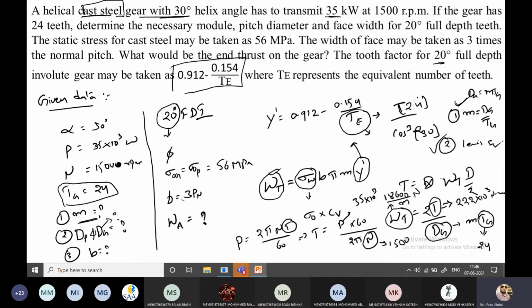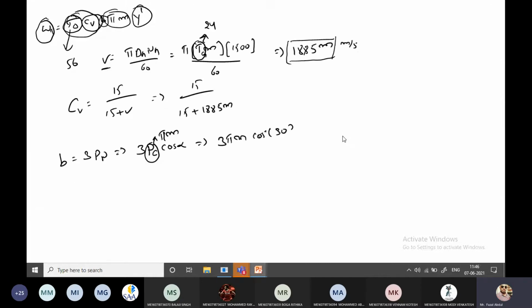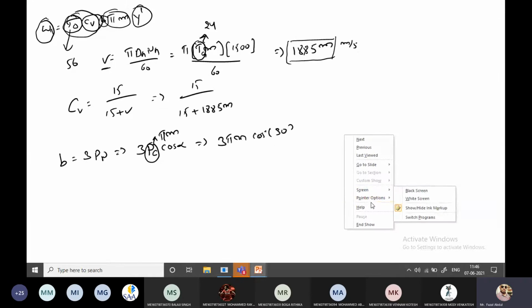That is 37. Substituting this value, y dash we get 0.129. Y dash is 0.129.